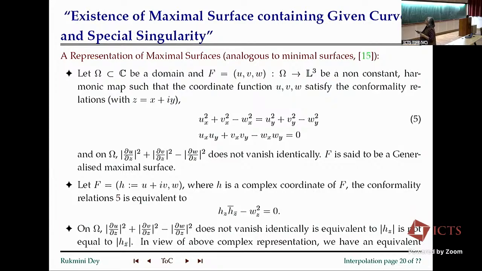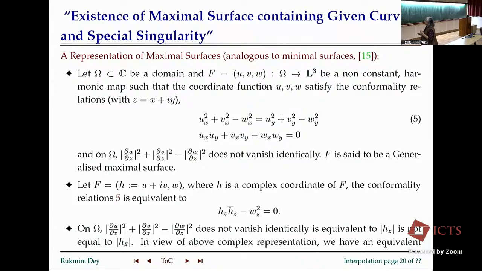There is a slightly different way of writing the maximal surface. You write f as (u, v, w) in L3. Combine the first two as u plus iv, call it h. So h is u plus iv, and w is the height function, such that h_z bar squared minus w_z squared equals 0.